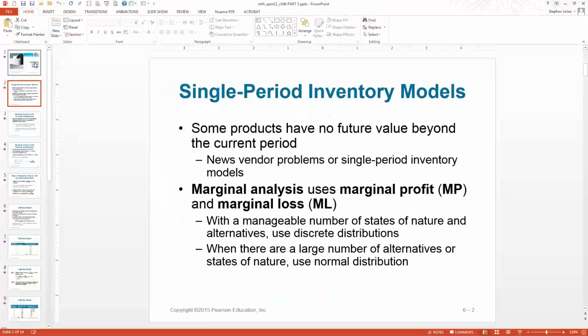The first concept is the idea of a single period inventory model, in that there are sometimes that you do not get to just hold inventory in stock. At a point it becomes useless to you, and they bring out the newsvendor problems.